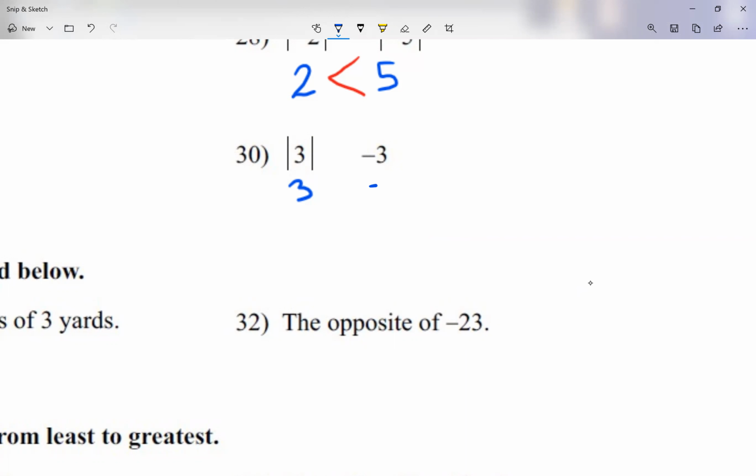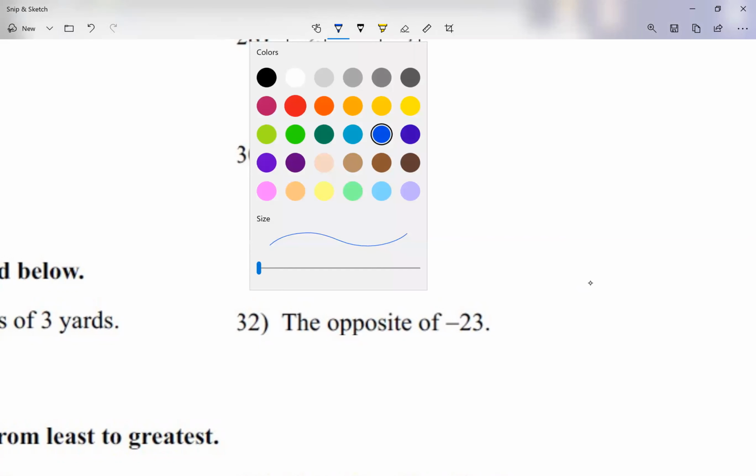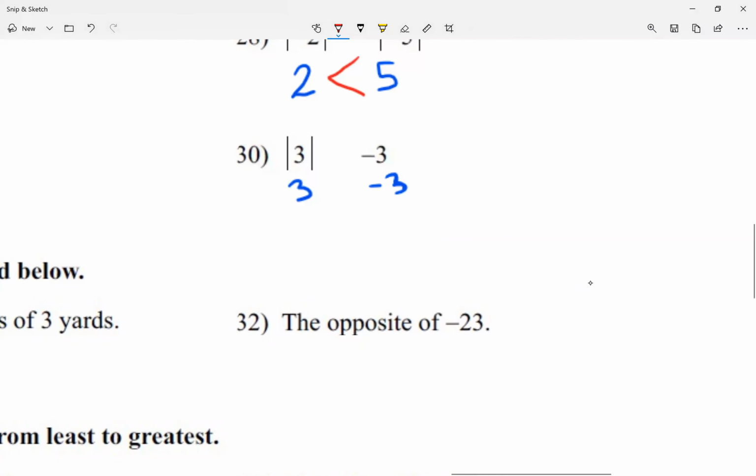The -3 on this other side stays as a -3. Now, I'm going to have the inequality sign open towards the bigger number. Positives are bigger than negatives. So because the first number is bigger this time, we're going to read this as 3 is greater than -3.